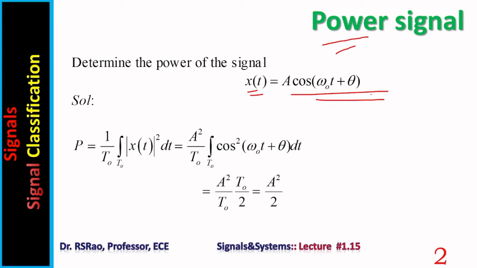For a periodic signal, the power P is given by the standard formula P equal to 1 by T naught, where T naught is the fundamental time period, integration over one time period of mod x of t whole square dt. It is equal to A square by T naught integration over T naught of cos square of omega naught t plus theta dt. It results in A square by 2. So power of the given signal is A square by 2.